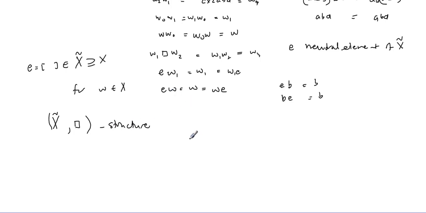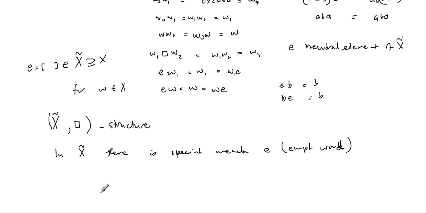So what we see here in this structure, we see in X bar, among the words, there is a special member, E, called the empty word. What does it do? We cascade E with any word, we get that word. We cascade that word with E, we get the same word. So then E is a neutral element.